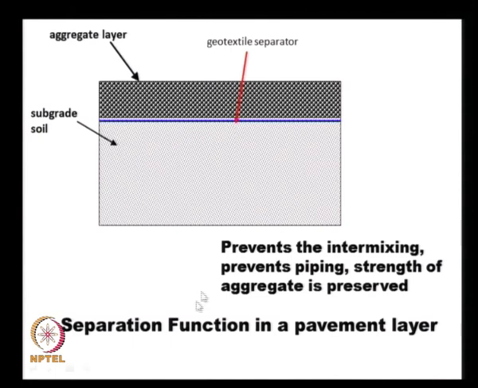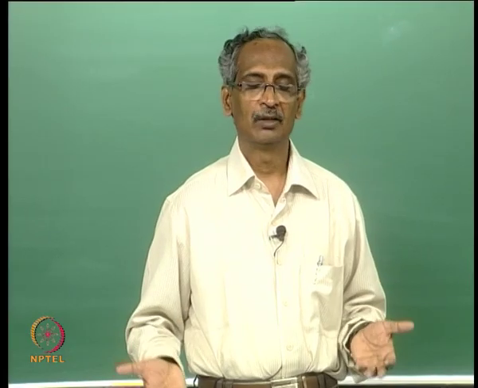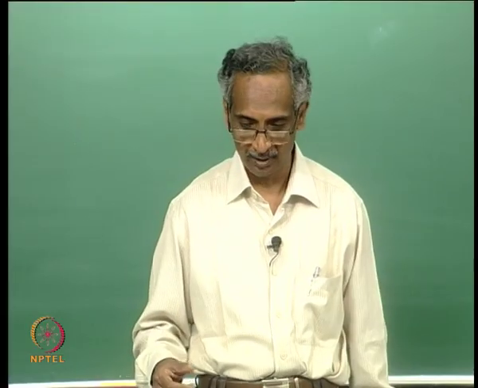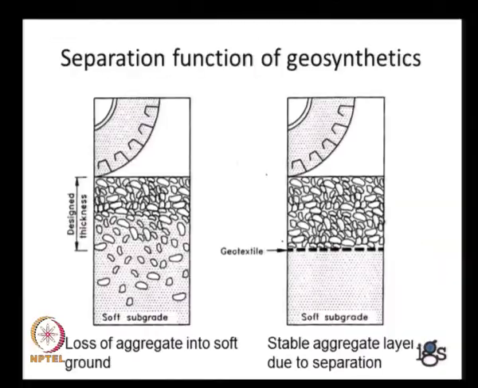This may lead to piping failure, or the strength of the aggregate itself is impaired. If we have a separator, we can increase the performance, because the strength of the aggregate is preserved for a much longer period. Then we prevent the piping, and that means the strength of the subgrade is also preserved.